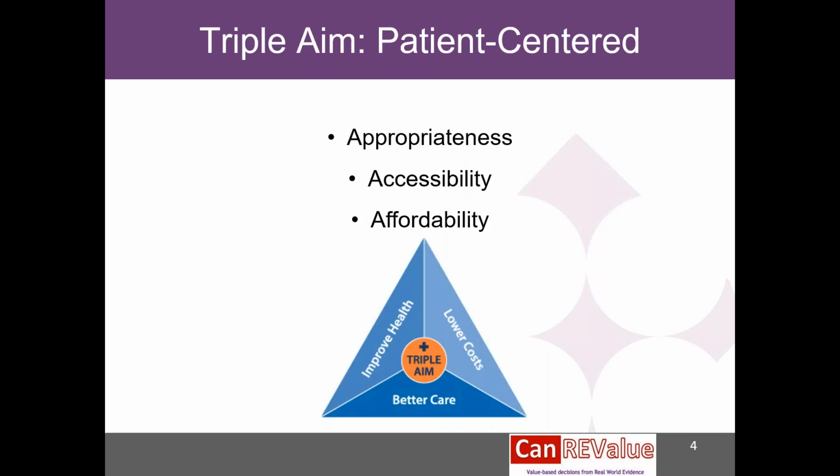So now, how do we use RWE, or what would be the potential usefulness for it? In terms of thinking about patient-centered care, thinking about access to drugs, often we hear about the term, the triple aim: appropriateness of prescribing, accessibility, and affordability.